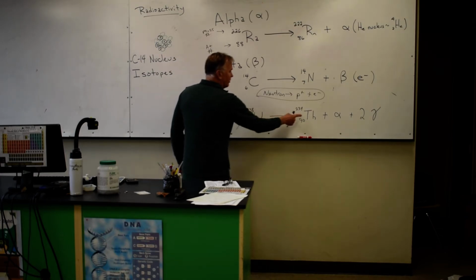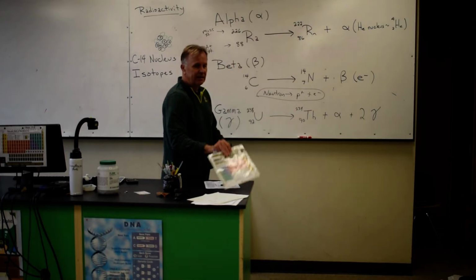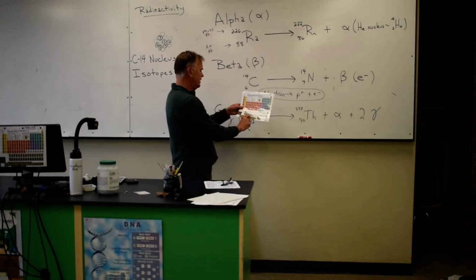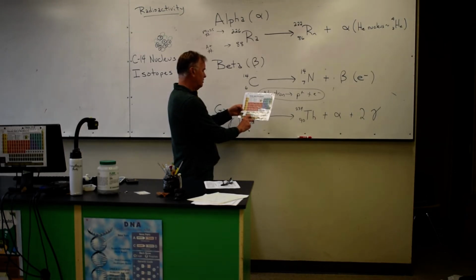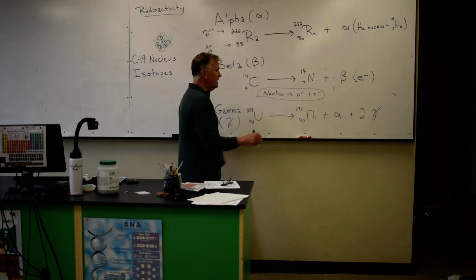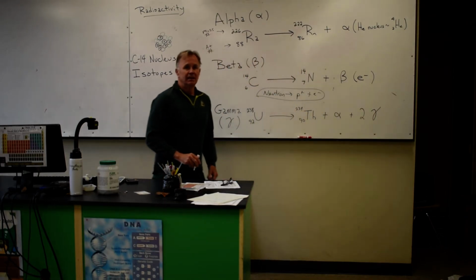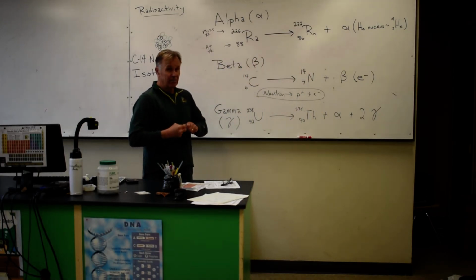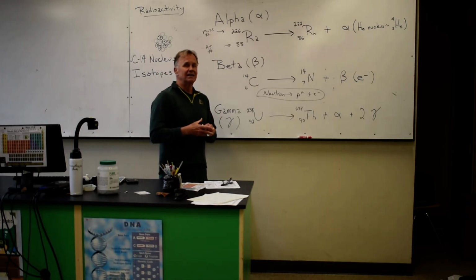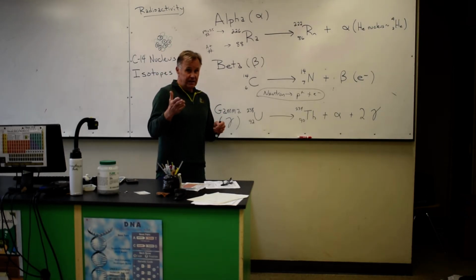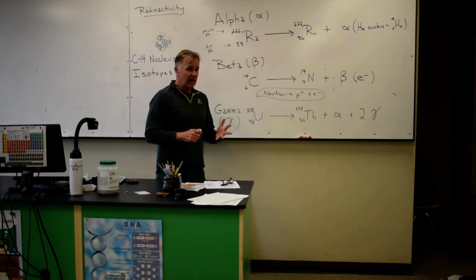Uranium to thorium. If you look on the periodic table, uranium's right here, then loses 2 to thorium right there. So again it transmutates, and it gives off 2 gamma particles. The gamma, remember, is a type of electromagnetic radiation which is at the highest frequency, shortest wavelength, so it's a lot of energy.